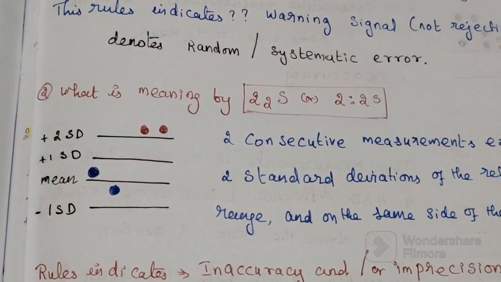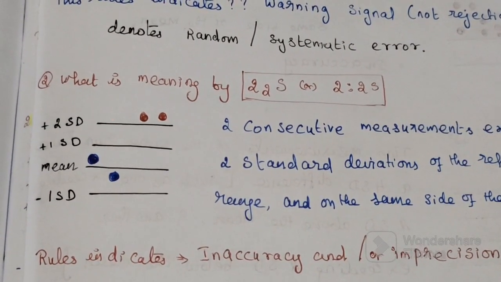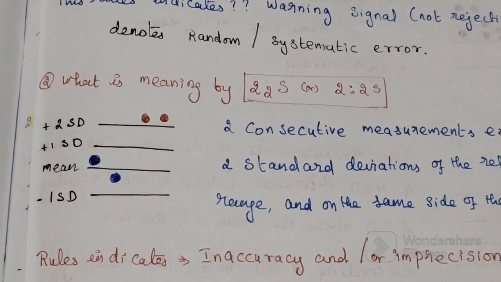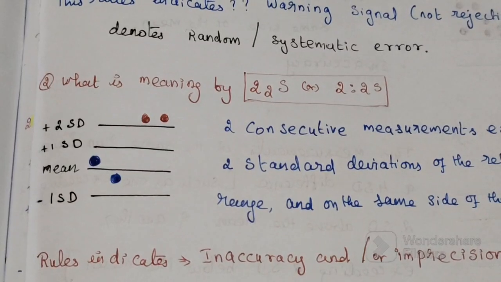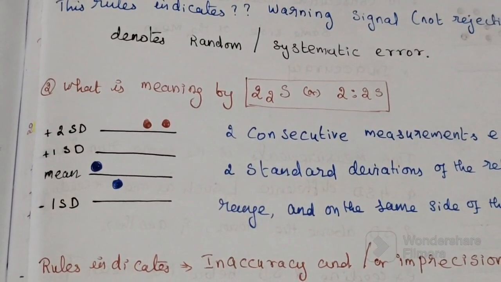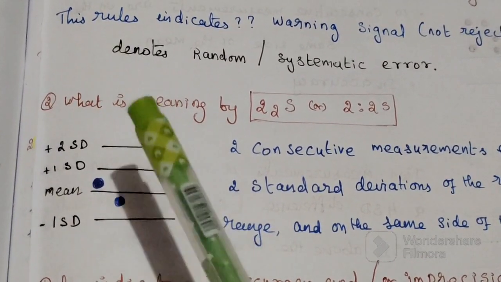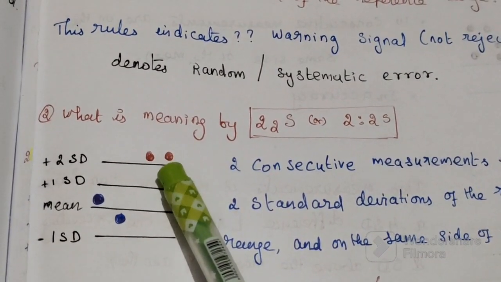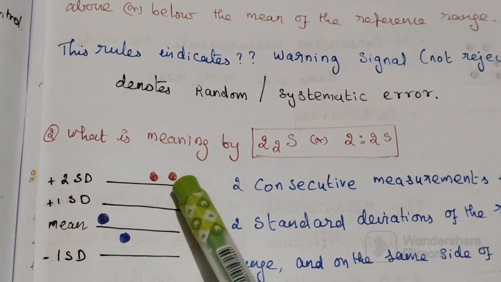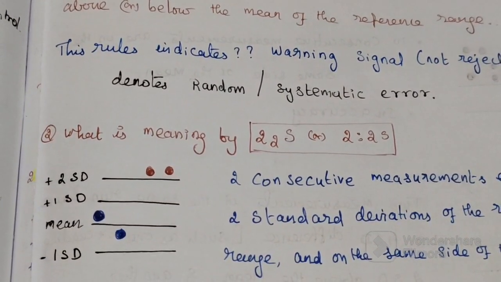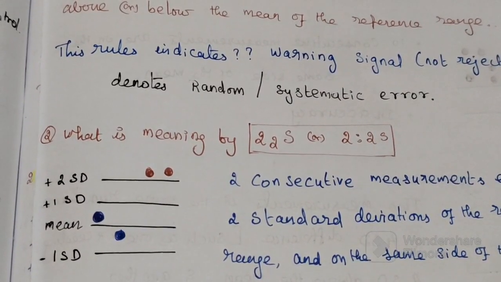Daily we have to run quality control material, that is normal quality control material and abnormal quality control material. So across run means, for example, on day 4 you got one value which exceeds plus 2 standard deviation, and on day 5 again you get a value that exceeds plus 2 standard deviation.